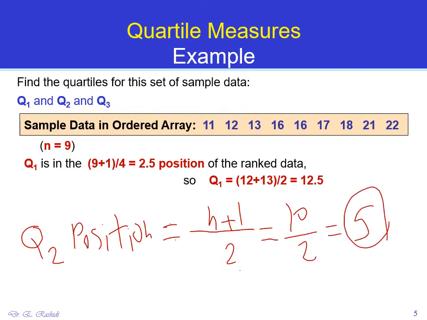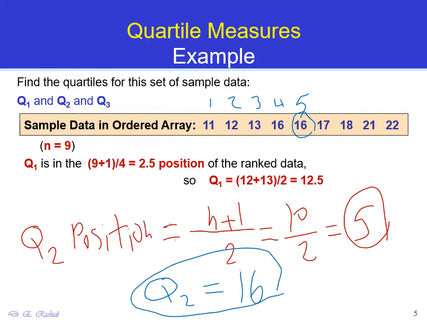This is a whole number. Because it's a whole number, that's the position of our second quartile. The first number, second number, third number, fourth number, the fifth number. 16 is our quartile. So Q2, the second quartile, which is also the median, is equal to 16.